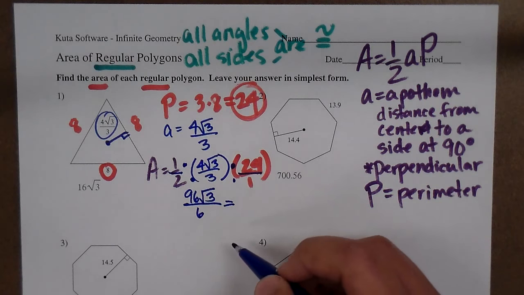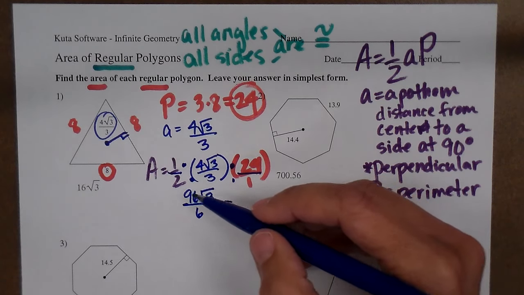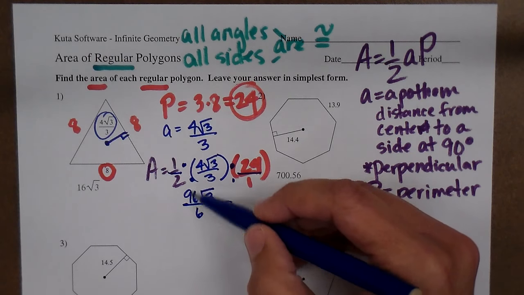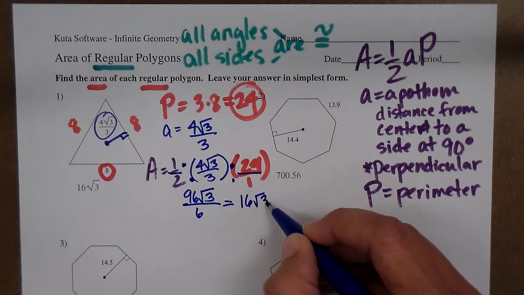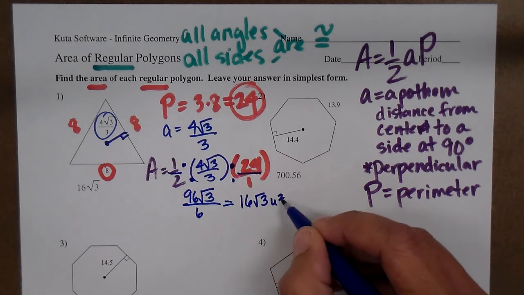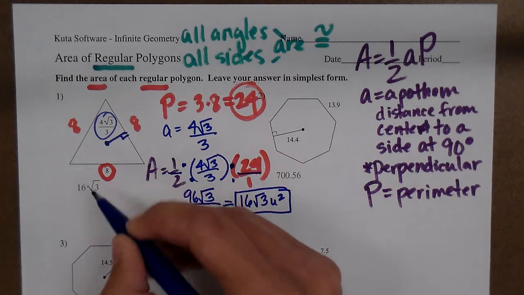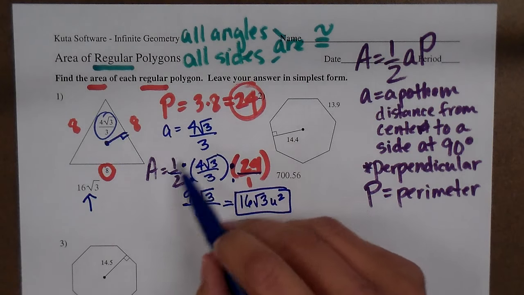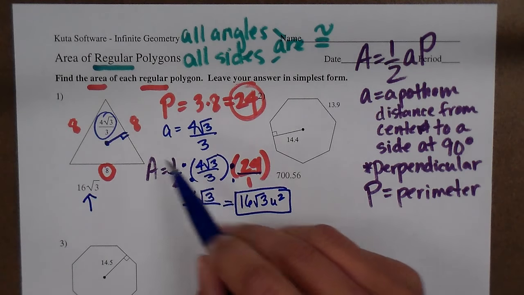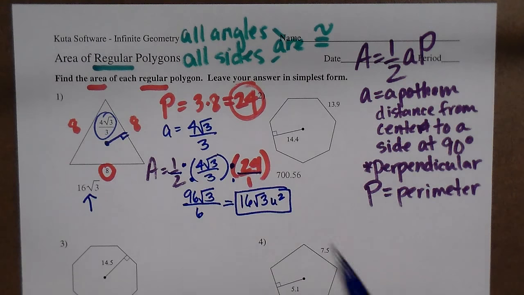Okay, let's reduce this. If you put it in your handy-dandy calculator, 96 and 6 can be reduced. 96 divided by 6 is 16. So the area of your polygon is 16 square root of 3 units squared. Again, I found the perimeter, I found the apothem, which was given to me, and I multiplied by the 1/2.